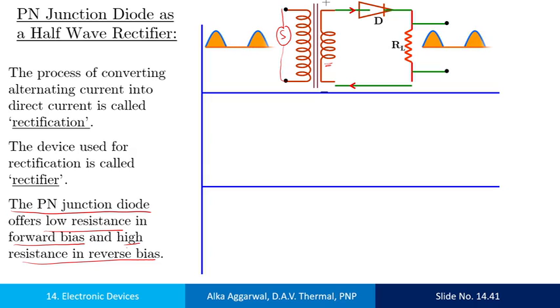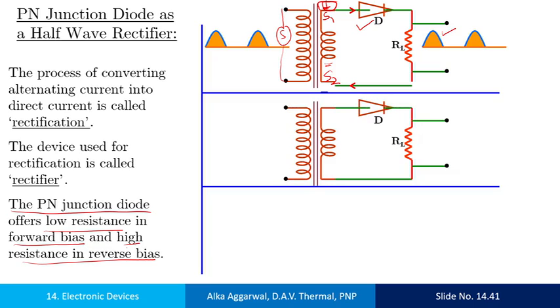Now during the positive half cycle, this S1 is said to be at the positive potential with respect to the S2. It means the diode is forward biased and it conducts the current.